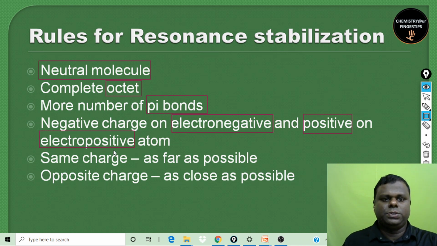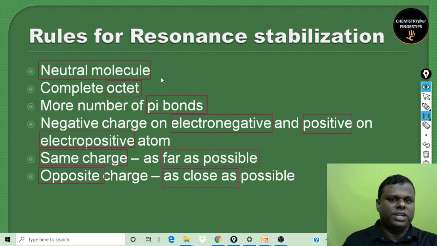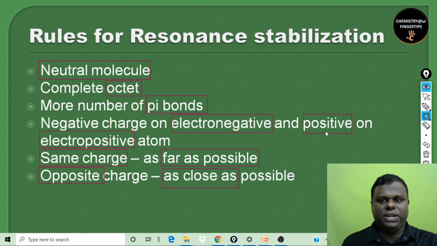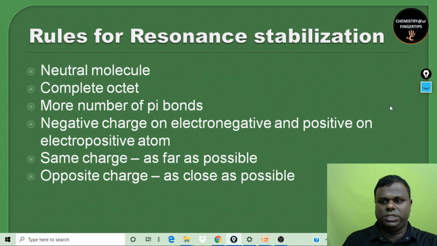Then if the charges are similar, they should be far apart because you already know that like charges repel, and if the charges are opposite, they should be as close as possible. So basically this rule deals with charge separation. Neutral, complete octet, more number of pi bonds, negative charge on electronegative atom, positive charge on electropositive atom, same charge far apart, opposite charge as close as possible. Just try to make a note of these rules so that we can solve the questions related to them.